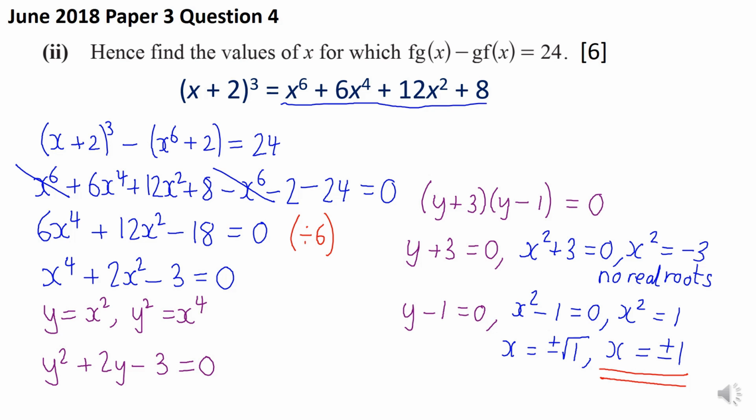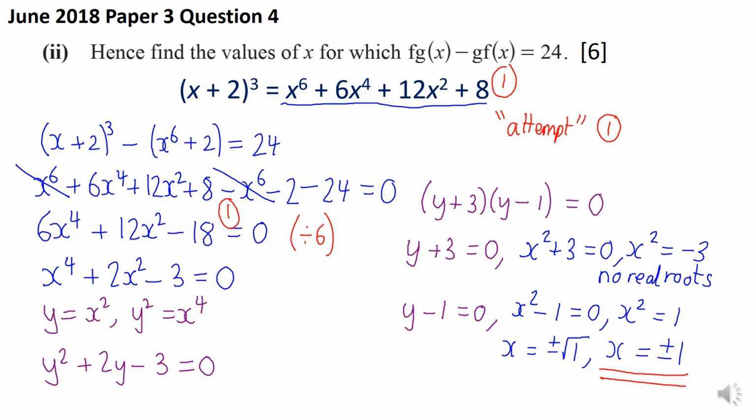How are the marks allocated? If you make an attempt to expand this bracket and you make at most one error, it is 1 mark. For the fully correct expansion, it's 1 mark. For reducing the equation all the way down to here, you get a mark.